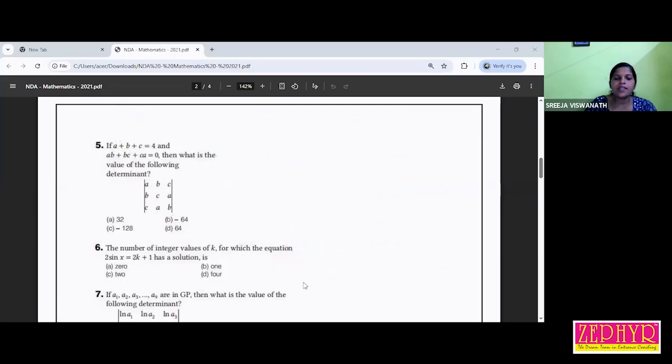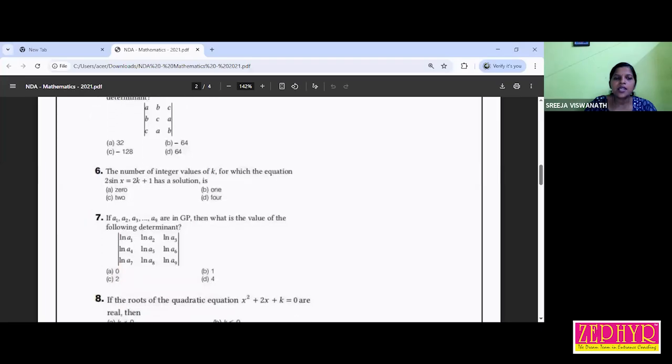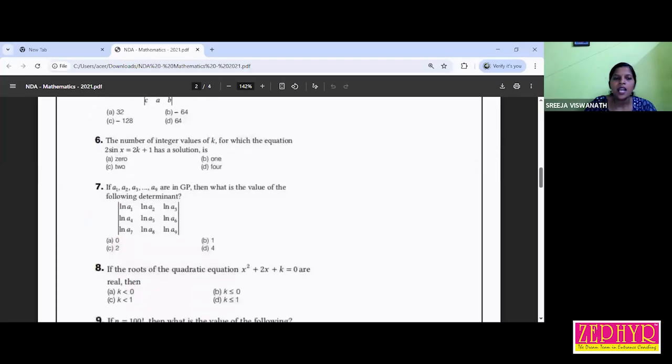Number of integer values of k for which the equation 2 sin x is equal to 2k plus 1 has a solution. Number of integer values of k. 2 sin x is equal to 2k plus 1.